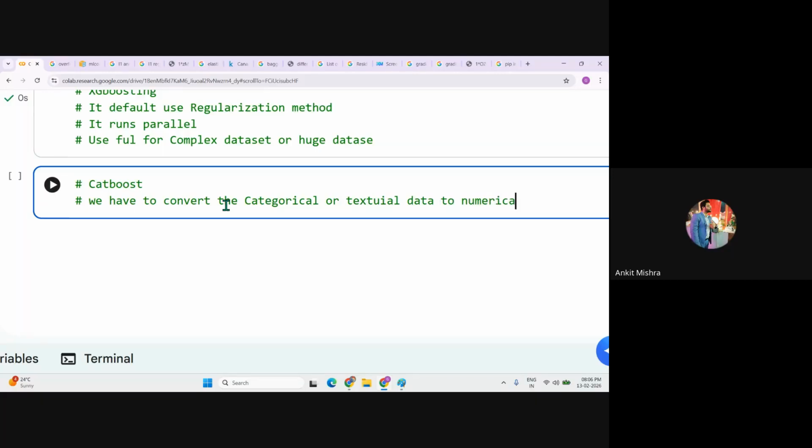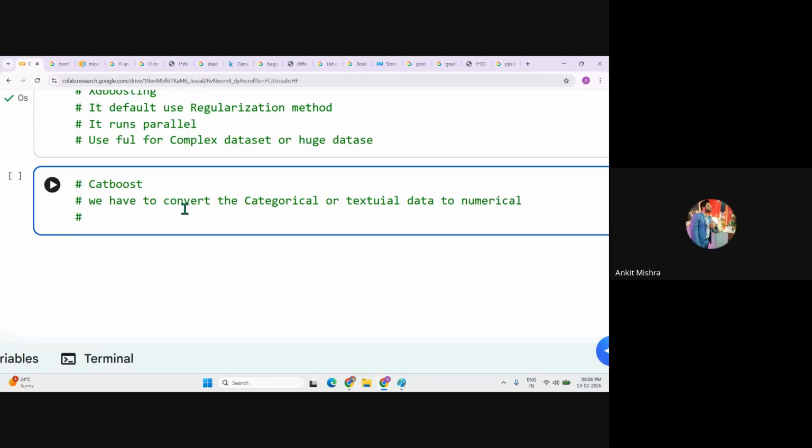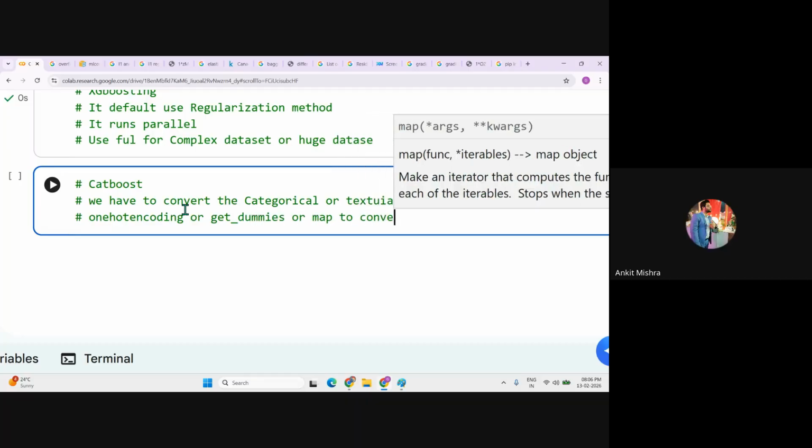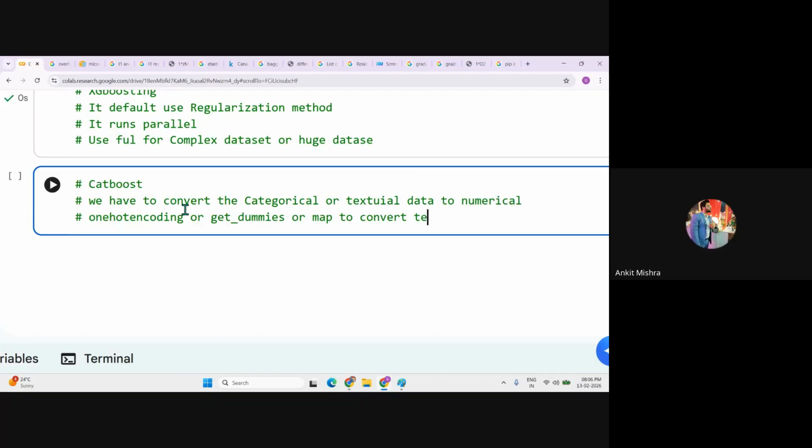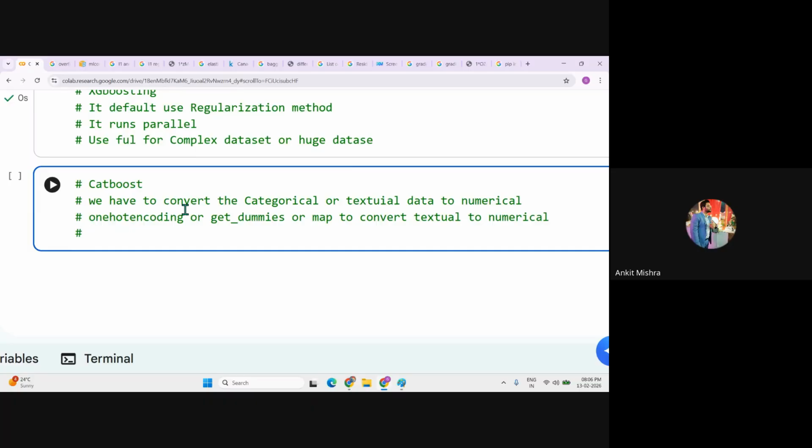So what it will try to do is perform that concept automatically, instead of using one hot encoding or the get dummies technique or any map technique to convert textual to numerical. We can use categorical boosting.